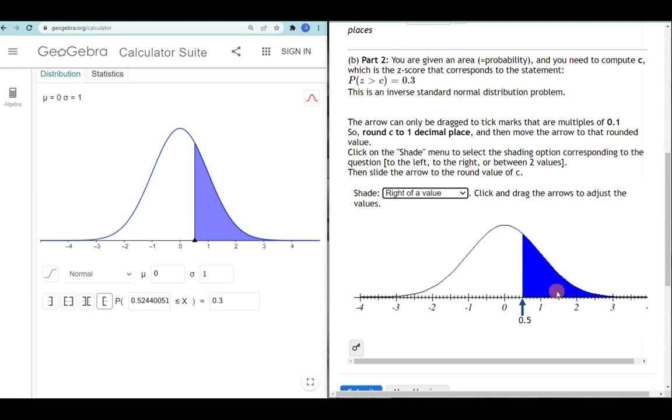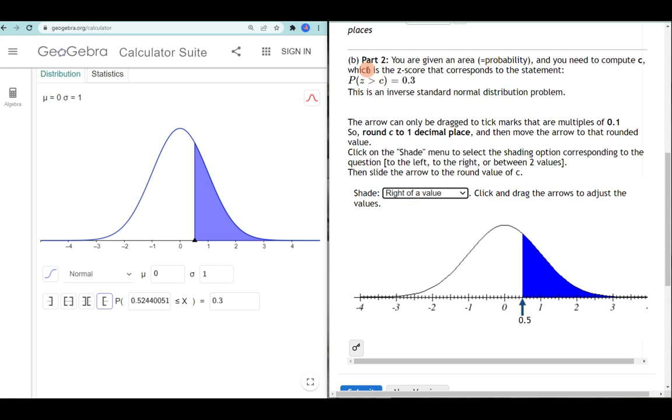all the z-scores larger than 0.5 is equal to the area 0.3. So, to summarize, when you're doing inverse standard normal distribution problems, that means that you are given the probability and you are trying to find the z-score that makes the statement true. The first thing you need to do is figure out what shading you should do, which is based on what the inequality is.